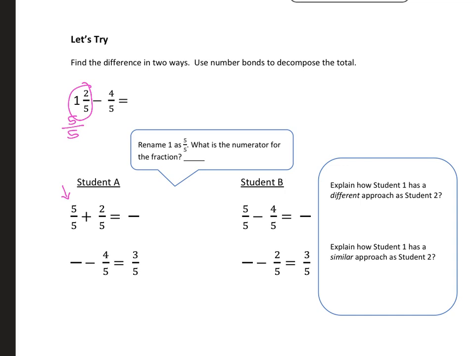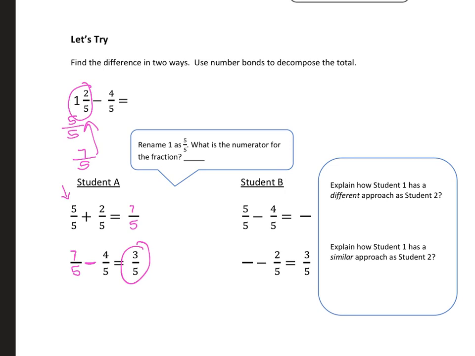So I know that 5/5 plus 2/5 is going to give me 7/5. Okay. And now that they've replaced the 1 2/5 right here with 7/5, now they're going to say, okay, now I have 7/5, and I'm going to subtract that minus 4/5. And when I do that, I get 3/5 as my final answer.